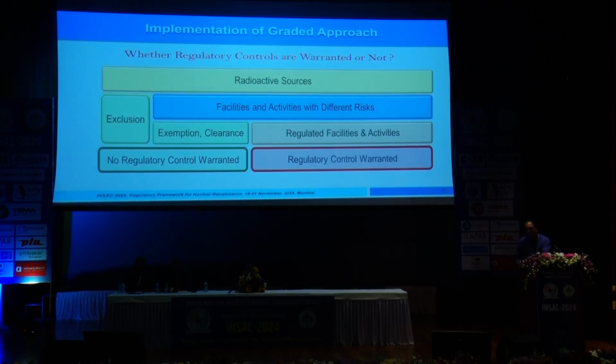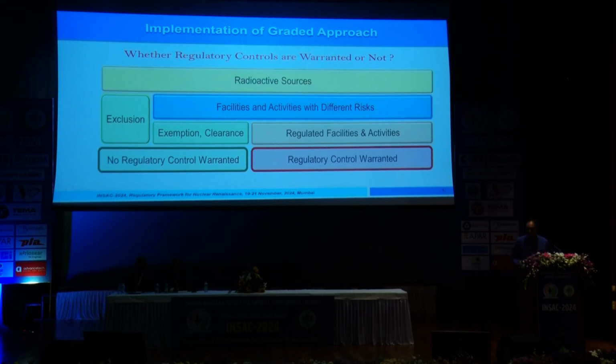So the first and foremost thing is where regulatory controls are warranted and where not. As a regulator, we deal with both artificial as well as natural radioactive sources. Certain sources, even though they are required to be controlled, cannot be controlled. So they can be put out of the regulatory net, as stated by the IAEA safety fundamental document as well.